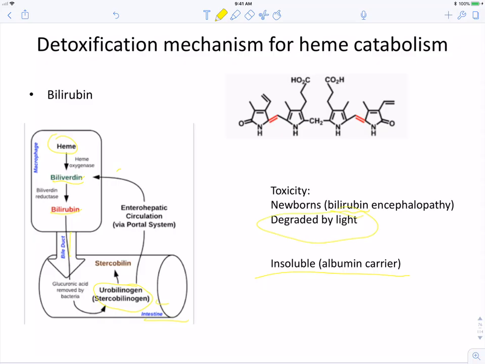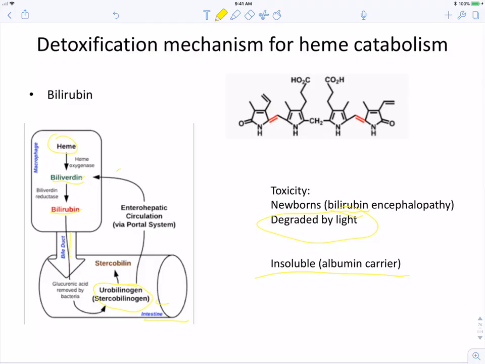why many newborns that have this problem, where bilirubin accumulates, appear jaundiced, slightly yellow in their coloring, and they're treated by light therapy.